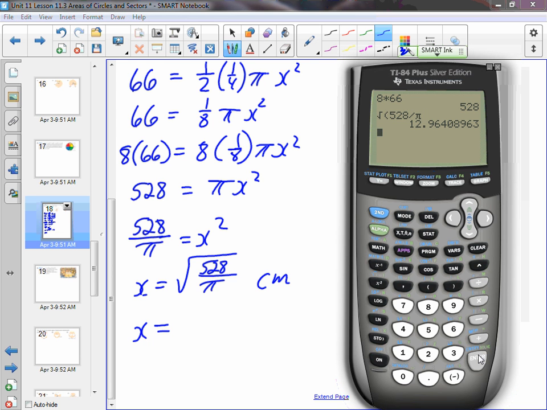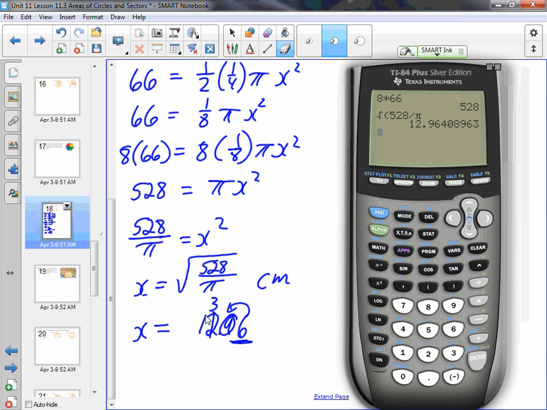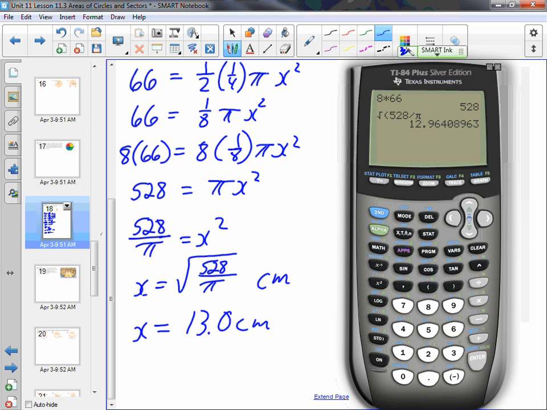What is that to the nearest tenth? It's 13. Because look, I've got 12.96. The 6 tells you to round the 9 up. Well, if it becomes a 10, then that's got to be a 13. So 13.0 to the nearest tenth. And that ought to help you a little bit on those tough ones.